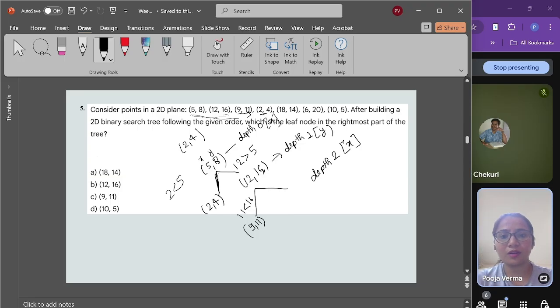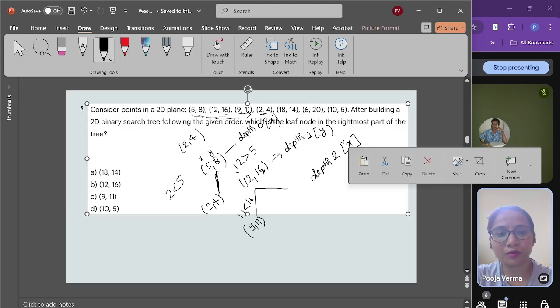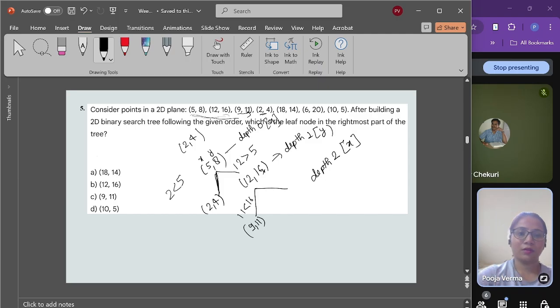Okay. Now we will take the next point, that is 18 and 14. Just a minute. Can you tell me where 18 and 14 will go? Just compare it.